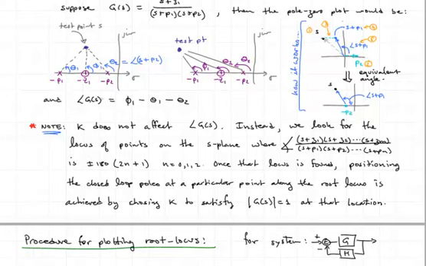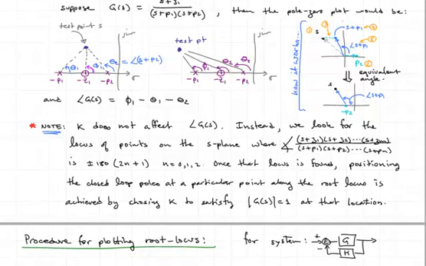Just like for the poles, the angle of s plus z1 is going to be this angle here from the horizontal real axis, pointing up to this vector joining minus z1 to our test point.